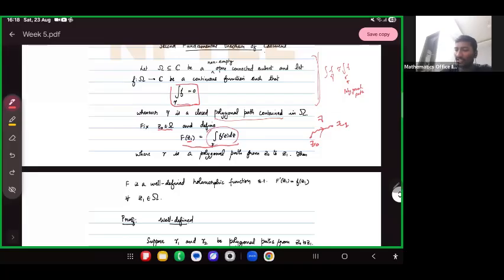This is independent of the given gamma. Why? If there was a gamma prime from here to here, then gamma minus gamma prime is a closed curve starting from z0 and ending at z0, right? So the integral will become 0.